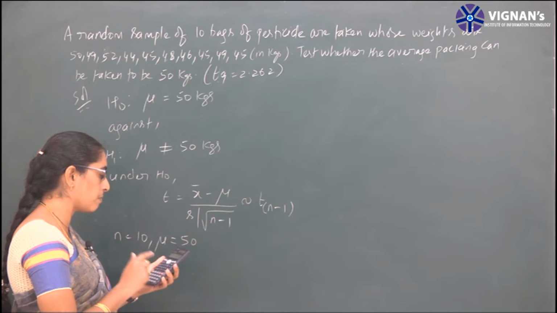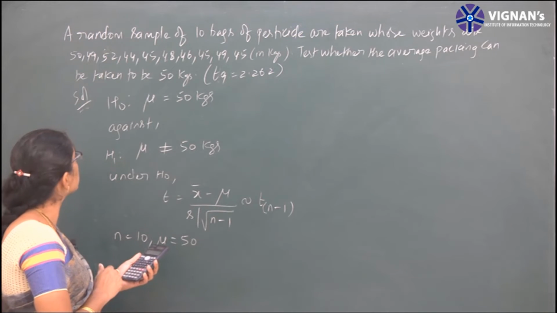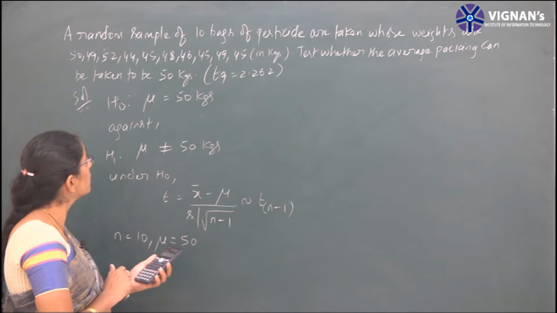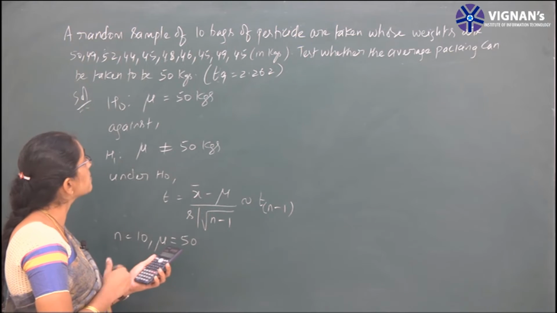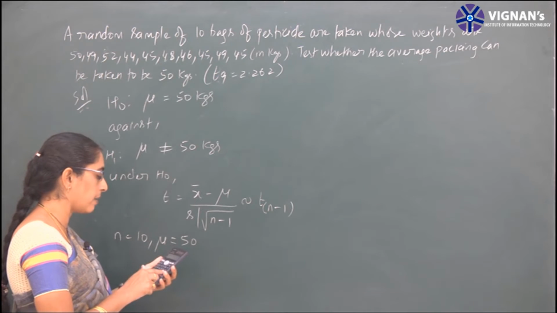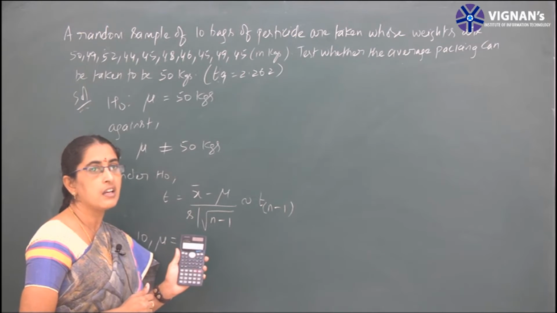Next 49 M plus, second observation is stored. Then 52 M plus, 44 M plus, 45 M plus, 48 M plus, 46 M plus, 45 M plus, 49 M plus, and the last one 45 M plus. So n equal to 10, meaning the 10 observations are stored in the calculator.